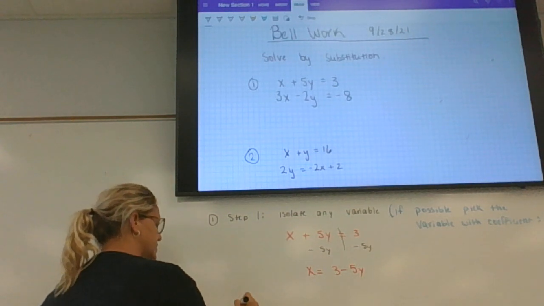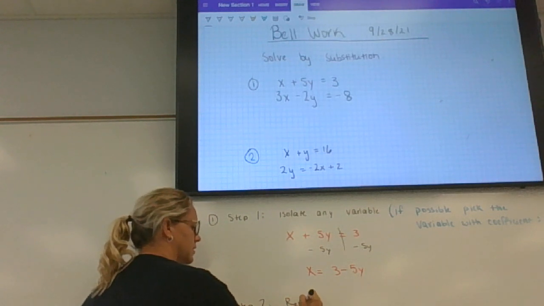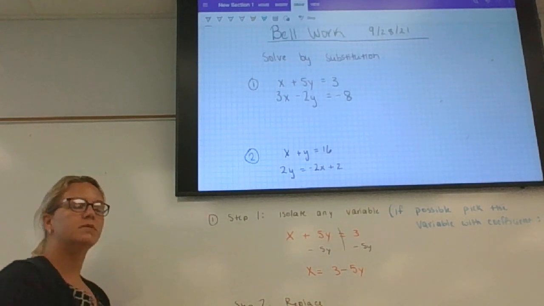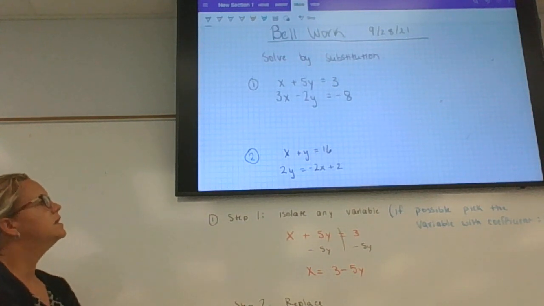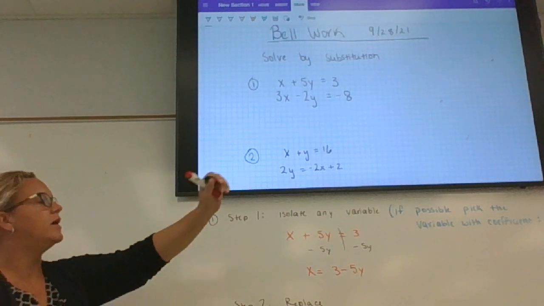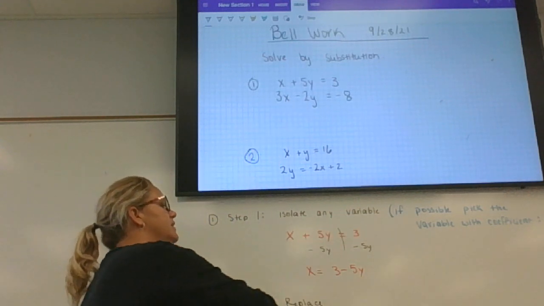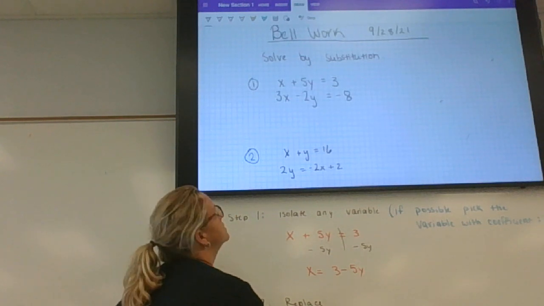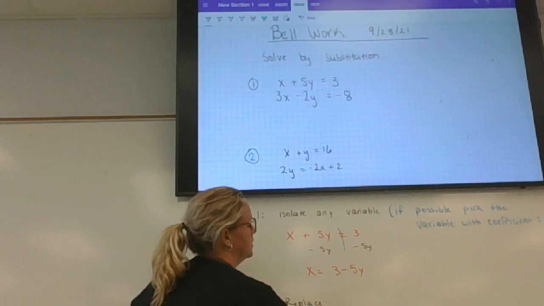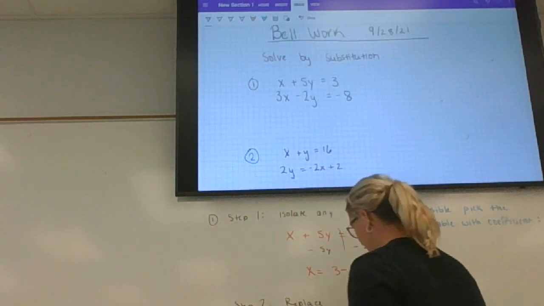That moves us to step 2, the substitution or the replacement. So if you know x is 3 minus 5y, we'll take the x out of the bottom equation and replace it with 3 minus 5y. I'll show that replacement.